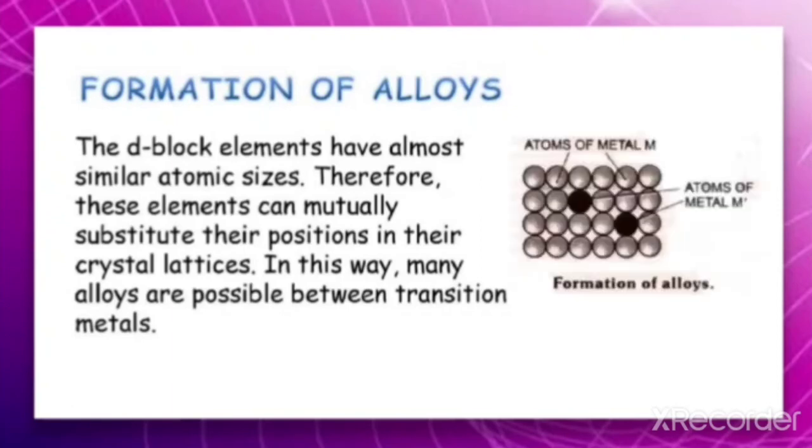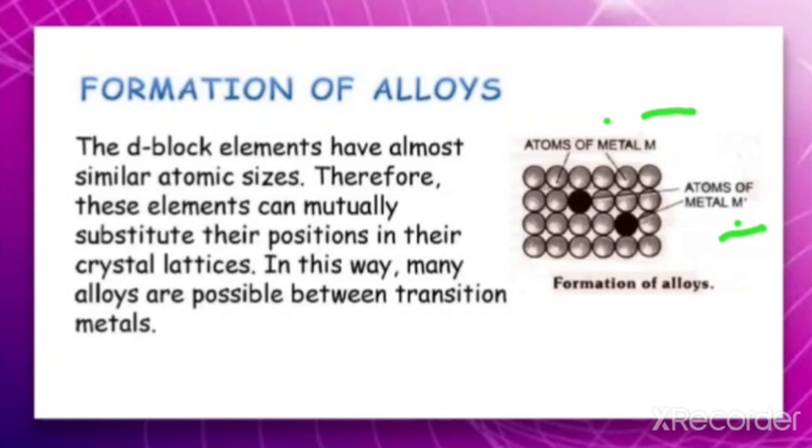It can be better explained through this diagram. In this diagram you can see the crystal lattice in which two different colors are shown: the atoms of metal M and the atoms of metal M dash. The black circles are the atoms of metal M dash. That means two different metals that are almost equal in size.